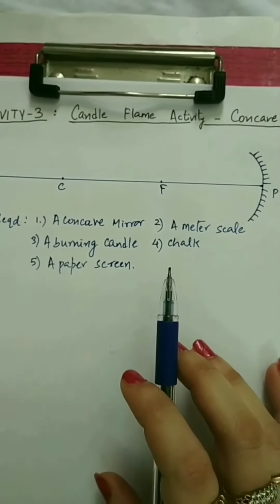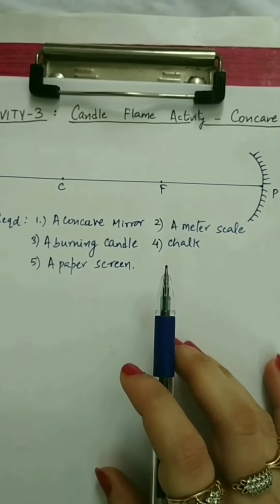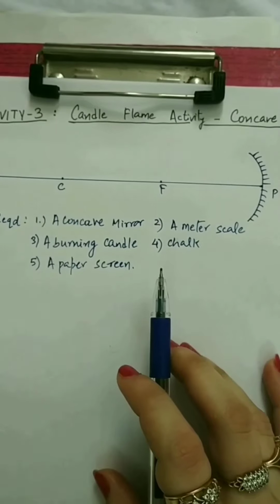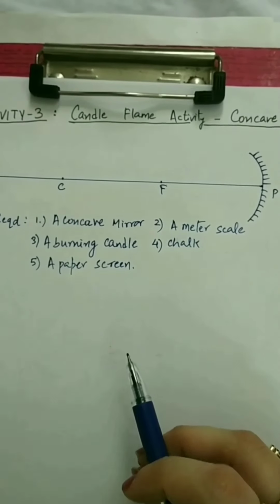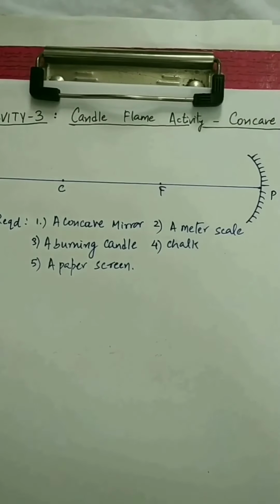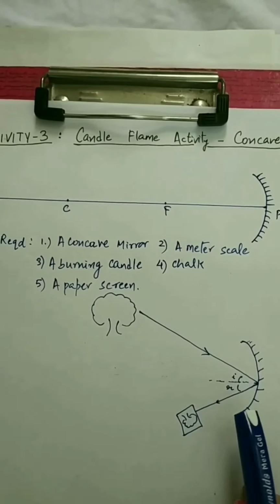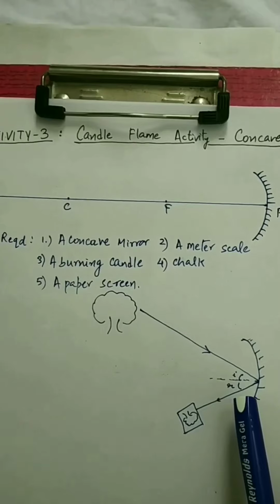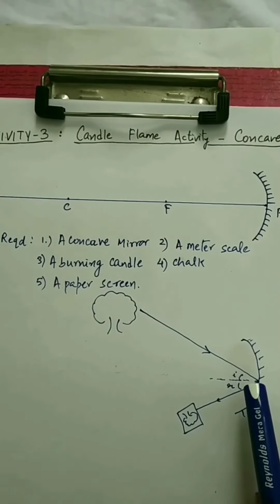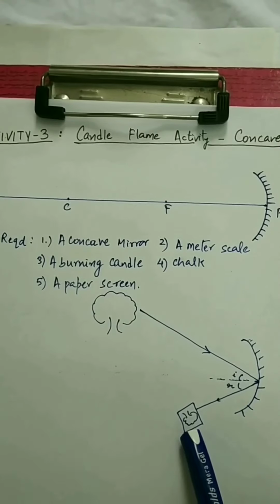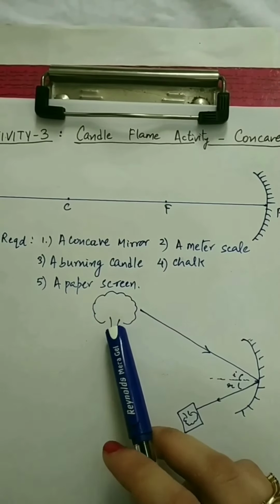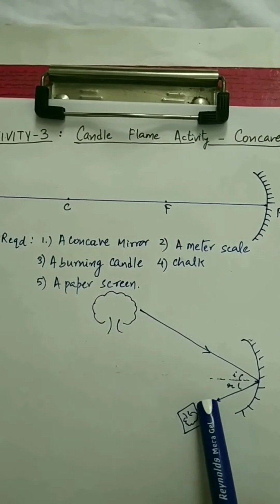It was a tiny, real and inverted image, and we measured the approximate focal length of the concave mirror by measuring the distance of the image from the mirror. For this activity, we'll take a concave mirror and find out its approximate focal length by obtaining the image of a distant object, a tree, a building or anything, on a sheet of paper.